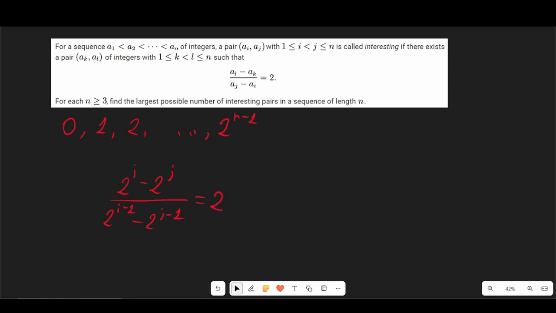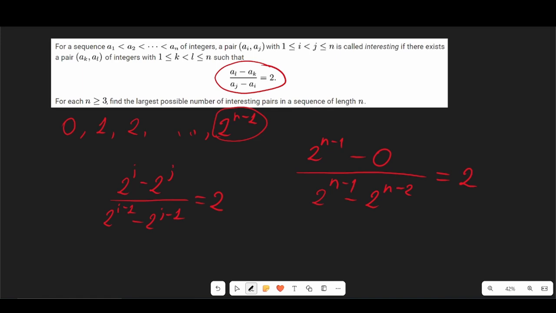So we can see that for every pair where we don't have 2 to the n minus 1, we can always find another pair for which this equation equals 2. And for 2 to the n minus 1, if we consider 2 to the n minus 1 minus 2 to the n minus 2, and 0 and 2 to the n minus 1, this would be exactly 2.